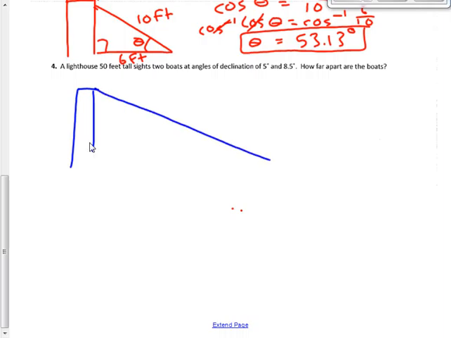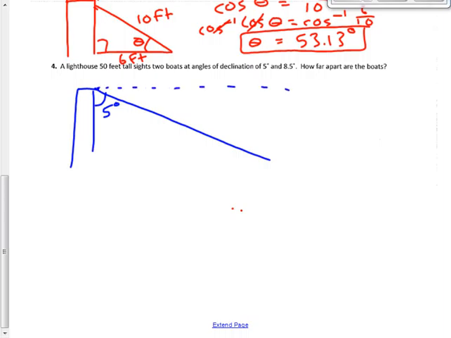One's out here at an angle of decline of 5 degrees. Oops, 5 degrees, not 50. The other one at an angle of decline of 8.5 degrees. And so the angle of decline is going to be from if I were looking straight out.